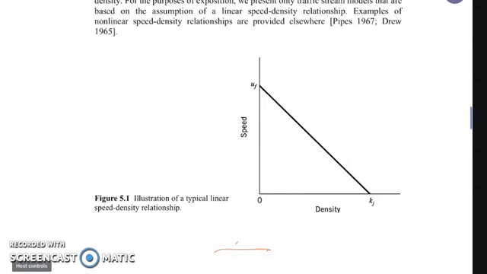Number two, a linear relationship over the large medium density region. And number three, a nonlinear relationship near the jam density, as the speed asymptotically approaches zero with increasing density. We present only traffic stream models based on the assumption of a linear density relationship. That's how density and speed are related to each other.